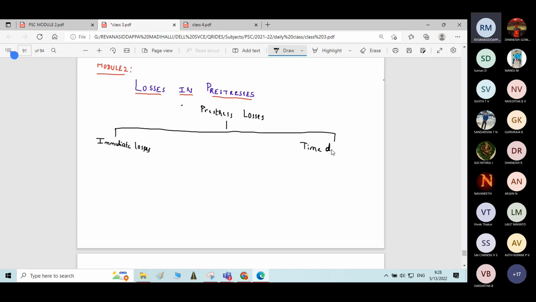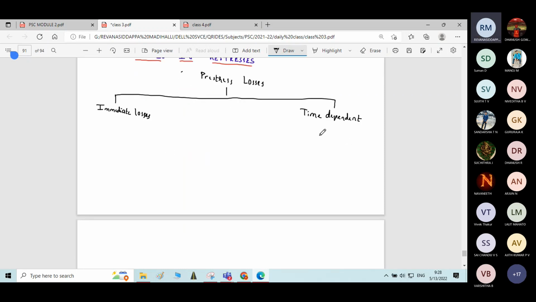Time dependent means these losses take place after a certain duration, after the pre-stressing force has been induced into the concrete. That is why they are called time dependent losses.